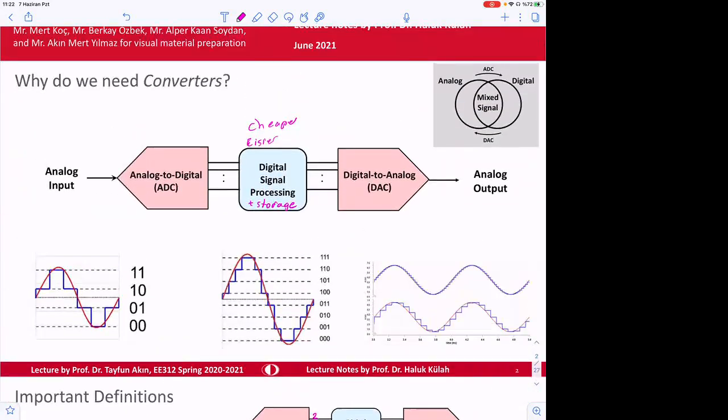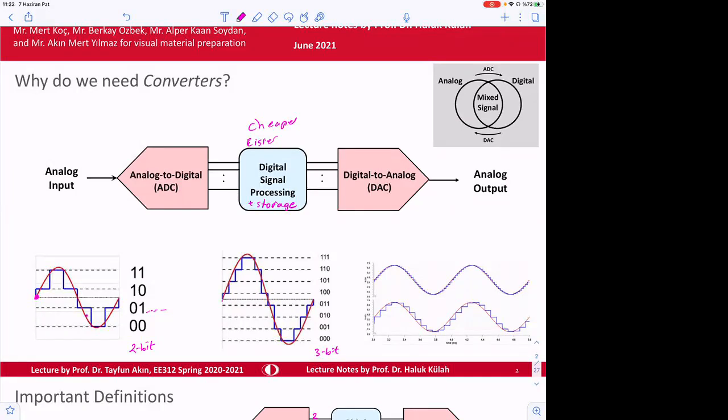Here, it's very clear that the representation is not very good if the bit number is not high. Okay, so this is a 2-bit representation, this is a 3-bit representation. And then the signal that we see here, for example, is going to be represented with a different number.